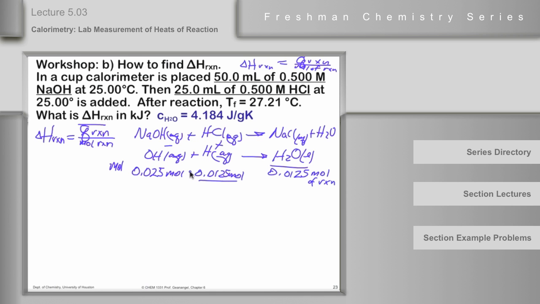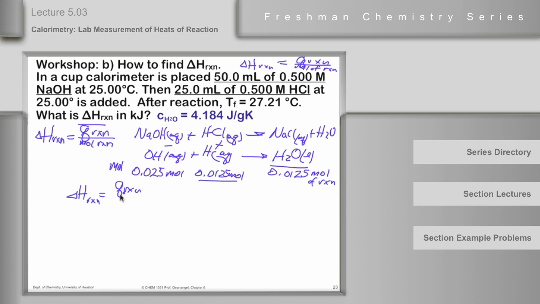All right. Then we're ready to plug into delta H. Delta H of the reaction is equal to Q of the reaction divided by the moles of reaction, and that's equal to negative 0.025693 kilojoules.